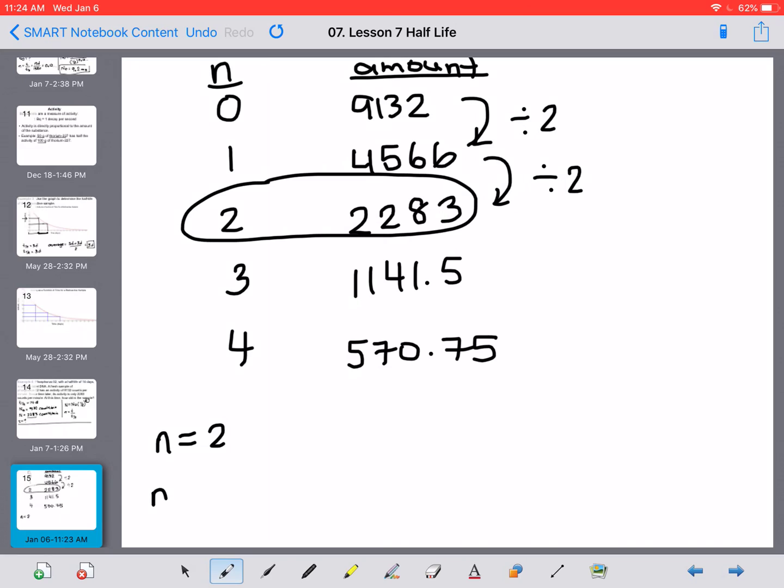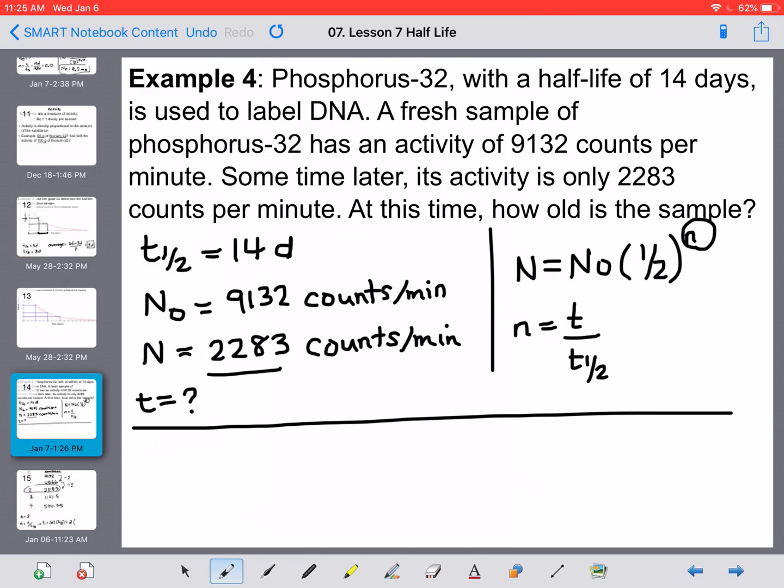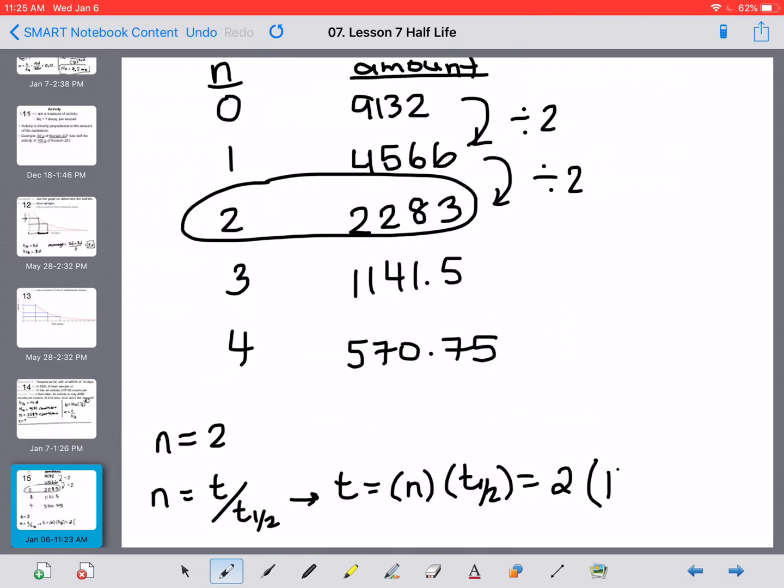So now, because n is t over t1/2, I can solve for t by doing n times the half-life. So this is just going to be 2 times the half-life, which was 14 days. And 2 times 14 days is 28 days. So this sample is 28 days old.